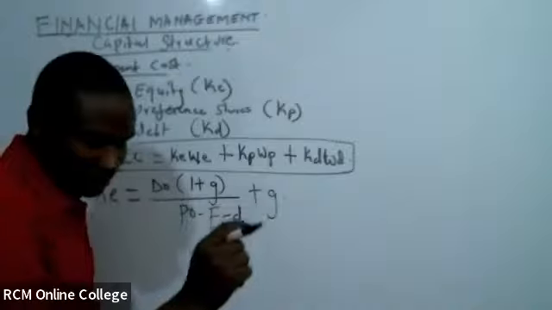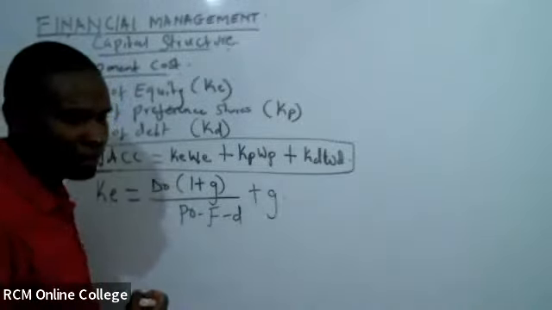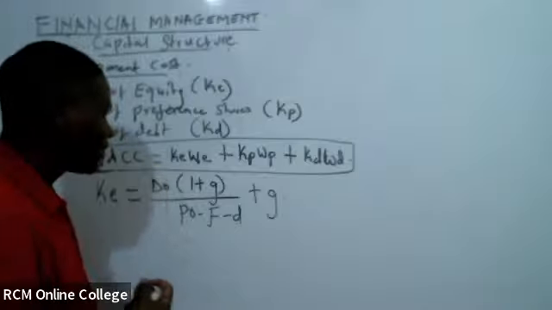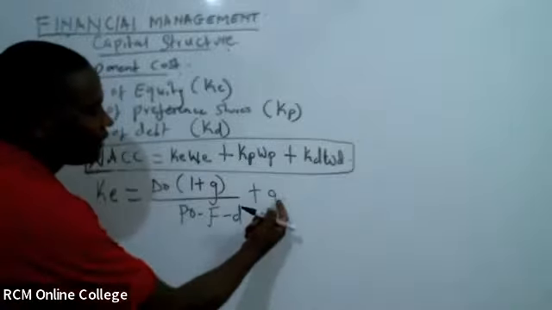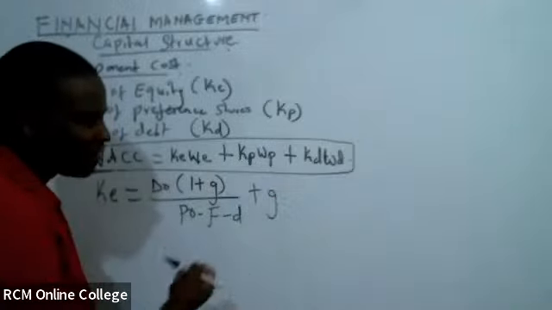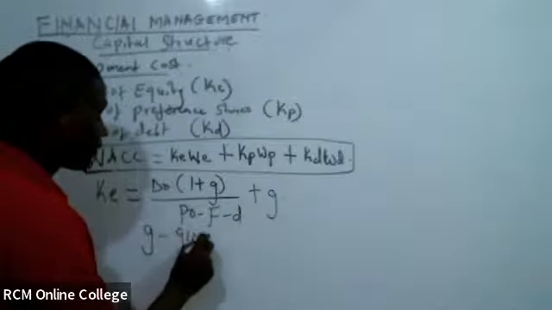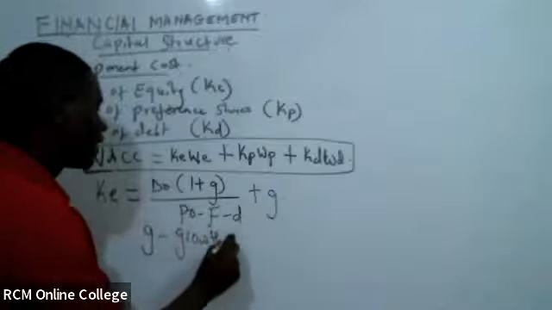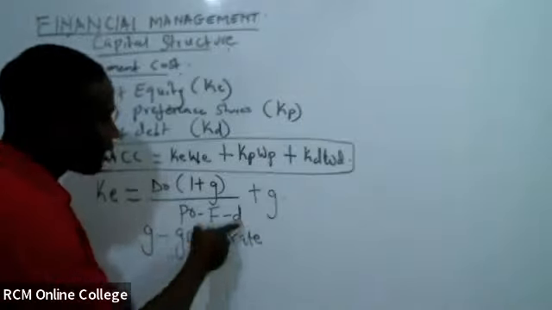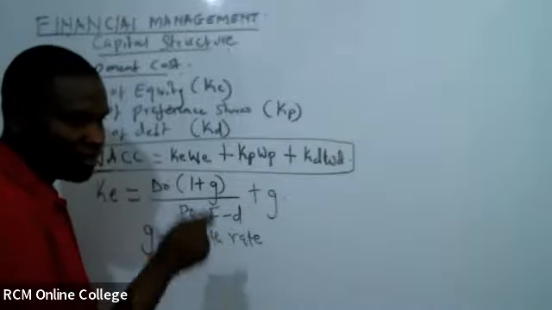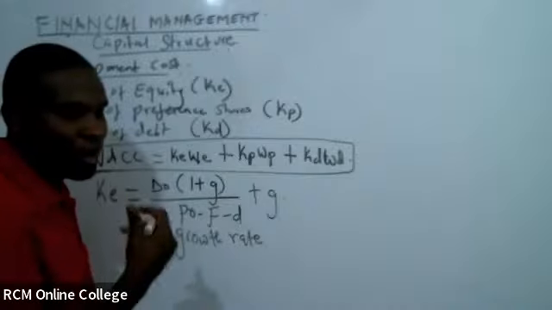Your growth. Class, the examiner will give you a question where G is not provided. Remember, G in this case represents the growth rate. Taka tujikumbushe before we get into a question. If the examiner has not given you the growth rate, how are you going to get your component cost?